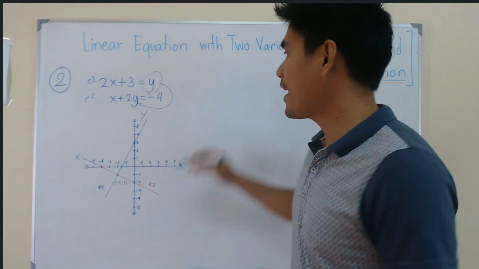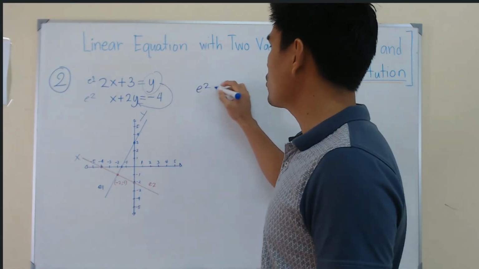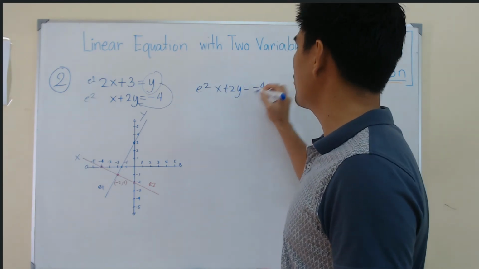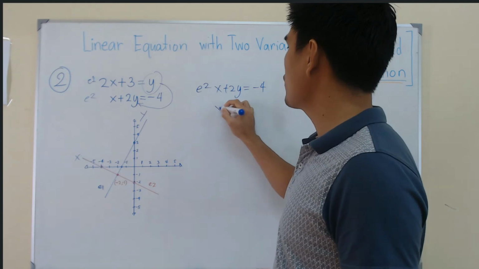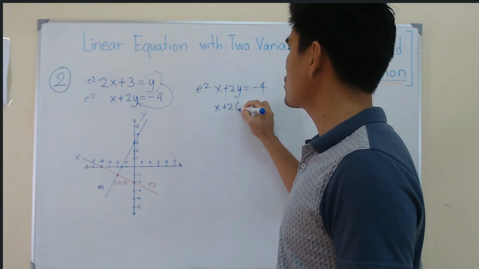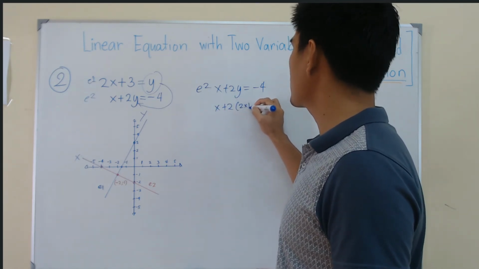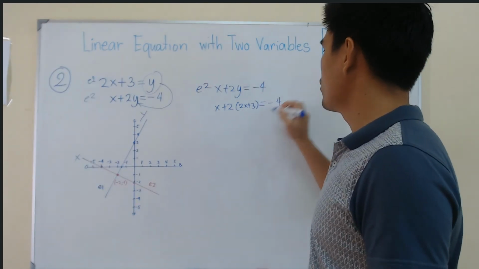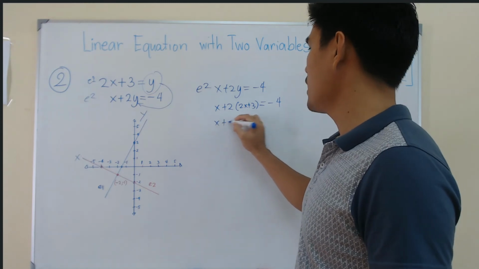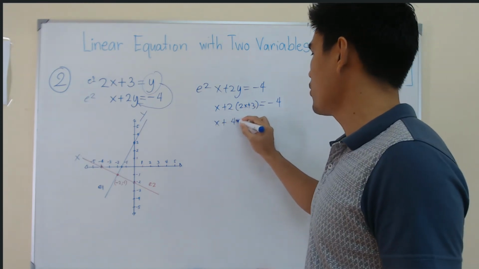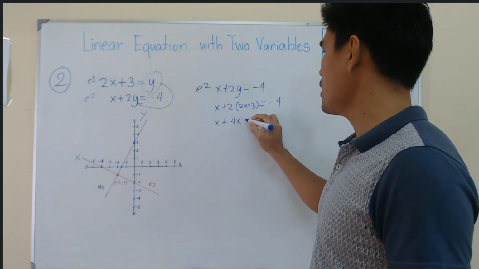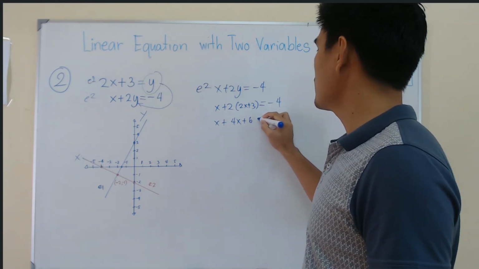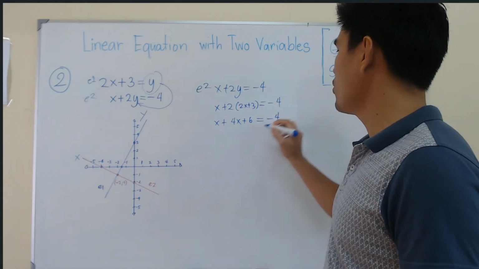Okay, to do that, we have equation number 2, x plus 2y is equal to negative 4. Substitute y, so we have x plus 2 times 2x plus 3 is equal to negative 4. We have x plus 2 times 2 is 4x, 2 times 3 is plus 6, and then is equal to negative 4.